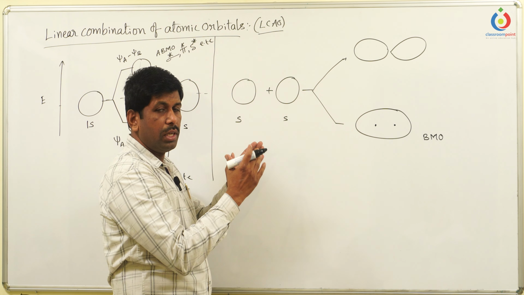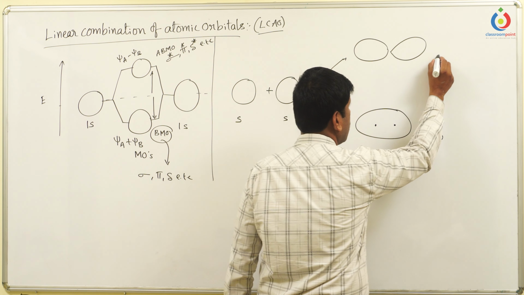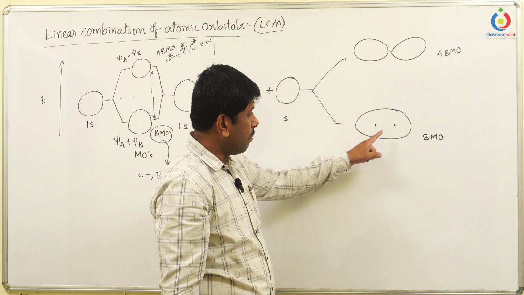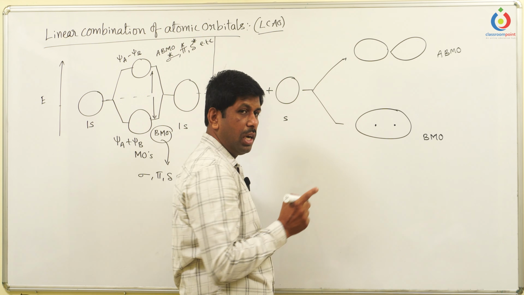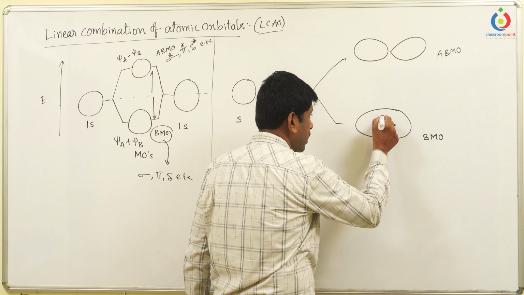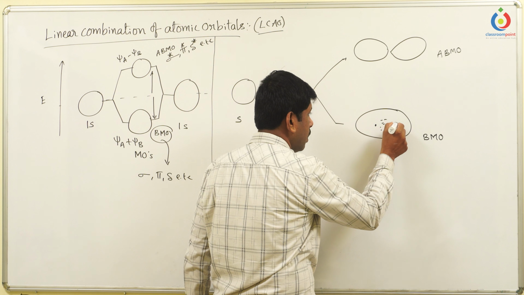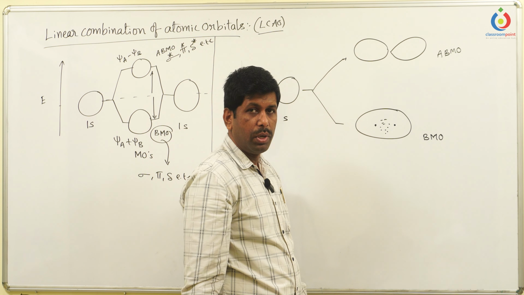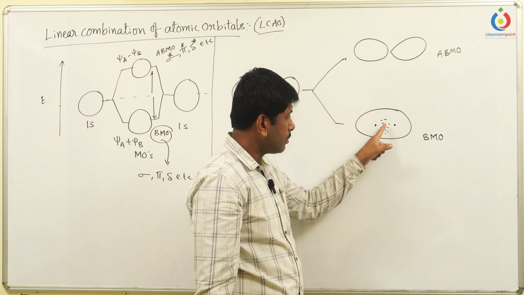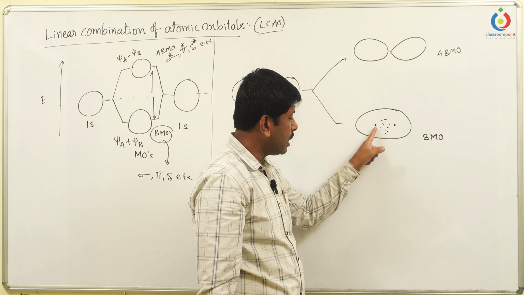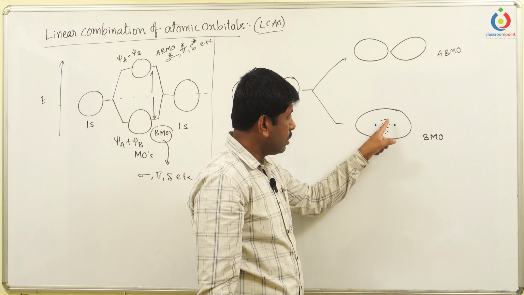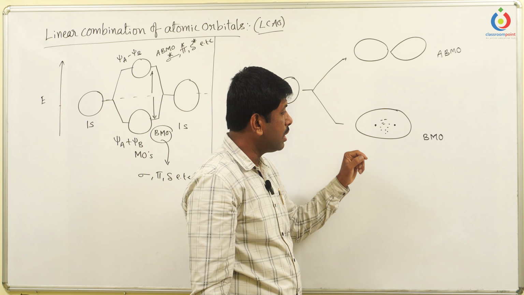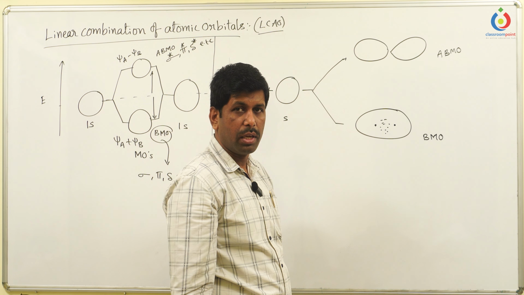When they intermix in the opposite way, we get the anti-bonding molecular orbital. In the case of bonding molecular orbitals, we have already seen the diagram. Electron density between both nuclei gradually increases. When electron density increases between the nuclei, we know that the nucleus carries positive charge and electrons carry negative charge. So these negatively charged electrons reduce the repulsion between both nuclei and give stability to the bonding molecular orbital.